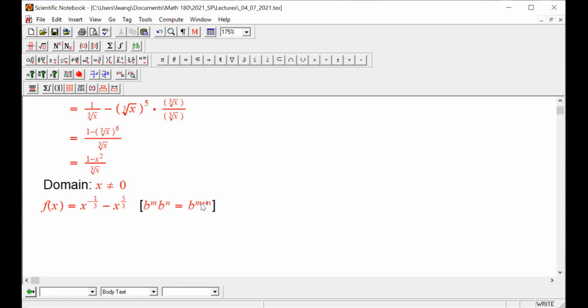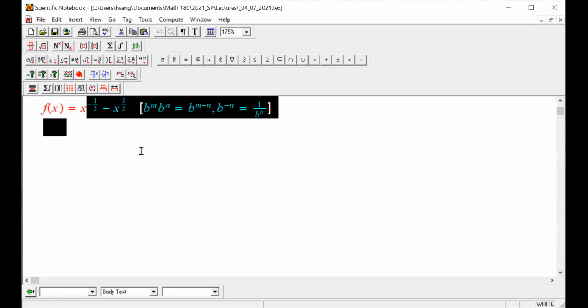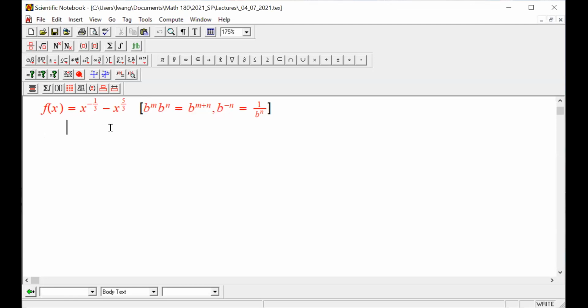Sorry, plus. And there's b raised to the power of negative n equals 1 over b raised to the power of n. All these things we learned a long time ago, but may not have practiced enough with fractions as an exponent. So let's get started.